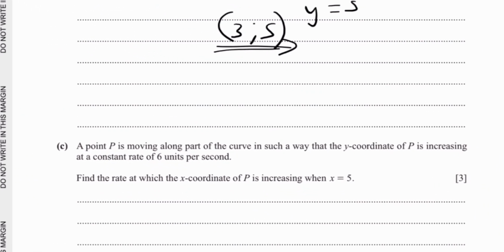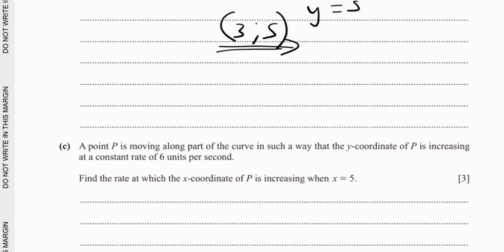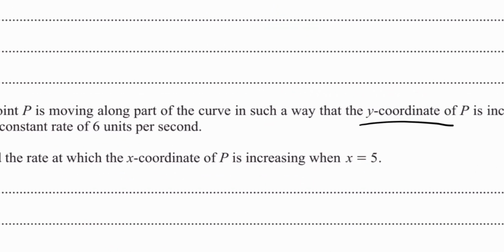Then part C now says a point P is moving along part of the curve in such a way that the y coordinate of P is increasing at a constant rate of 6 units per second. So the y coordinate, that's dy/dt equals 6.